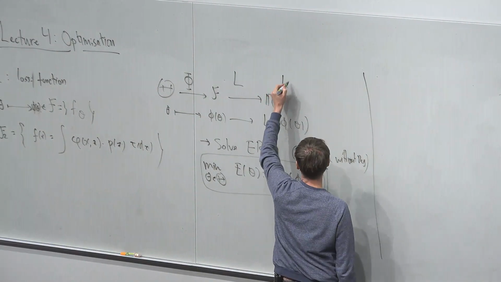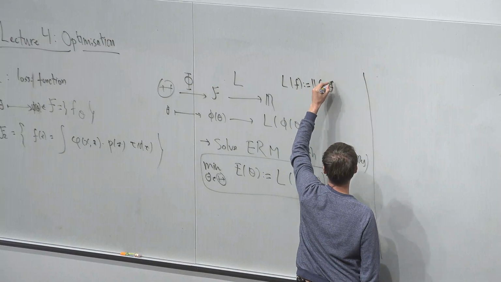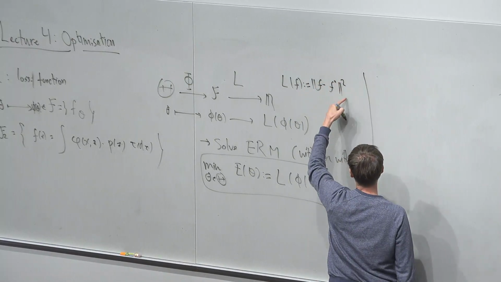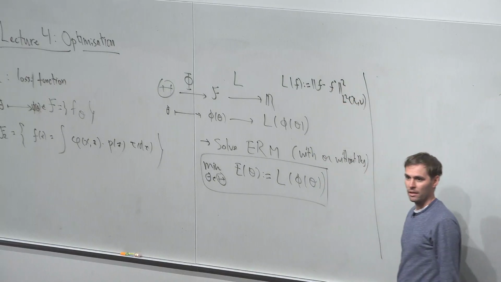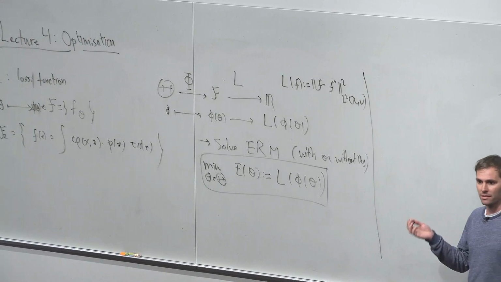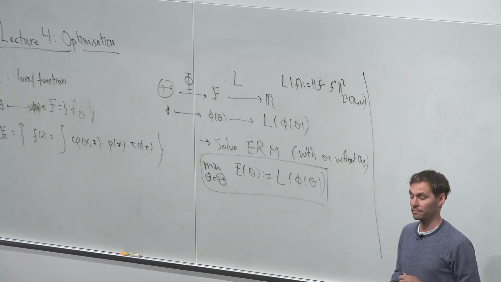Let's consider L of f to be just the mean square distance to some f star. This distance, if you remember, is with respect to the data distribution. But in your mind, think about L as like a Euclidean distance measured in some data space.